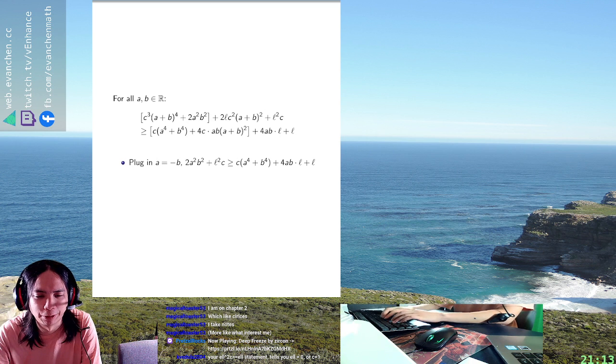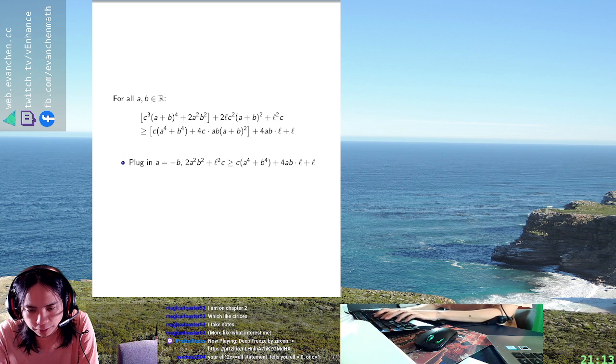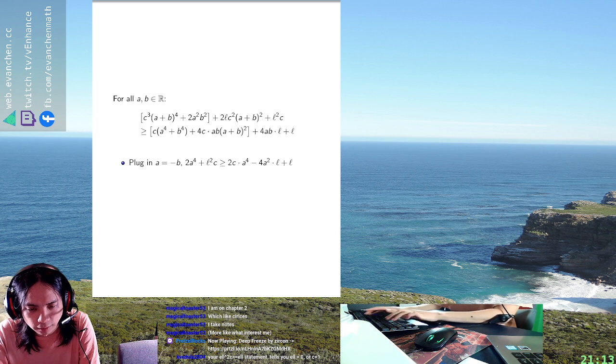Oh wait, the reason is that a equals minus b, so I should simplify this. Ergo, c is certainly at most 1, among possibly other stuff.